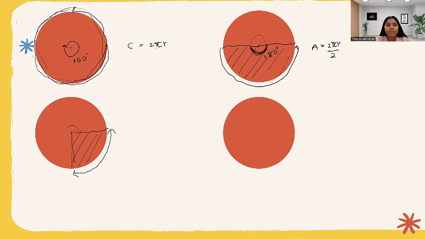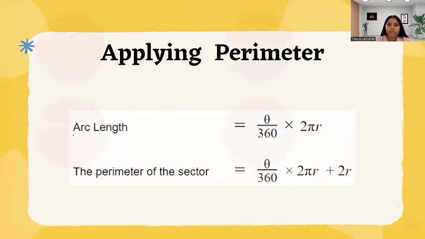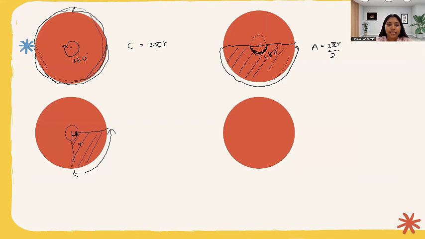Here the entire angle around the center is 360 and a quarter of it is 90 degrees. This angle is 90 degrees. And also if the entire circle is 2πr, then a quarter of it, that means 1/4 of it, is equal to 2πr divided by 4.